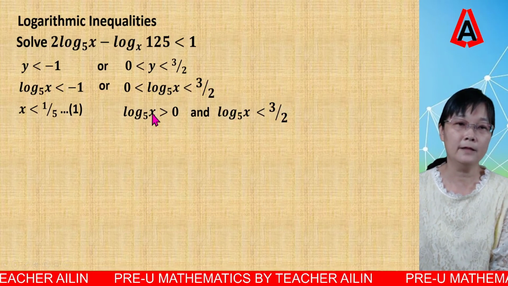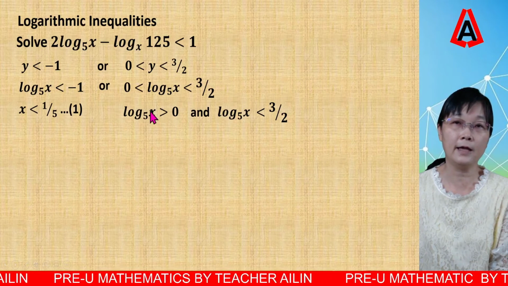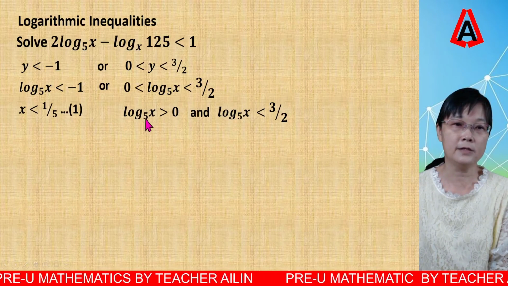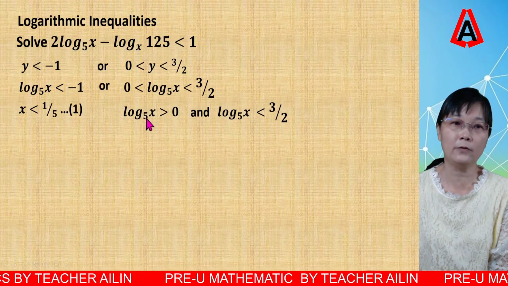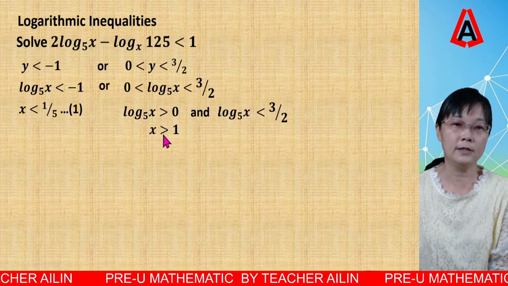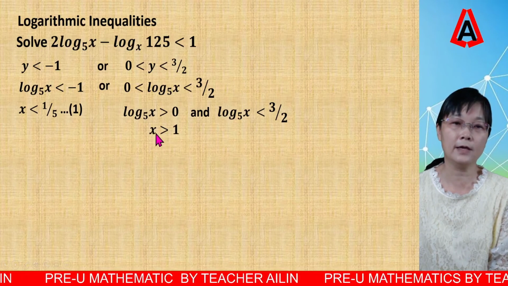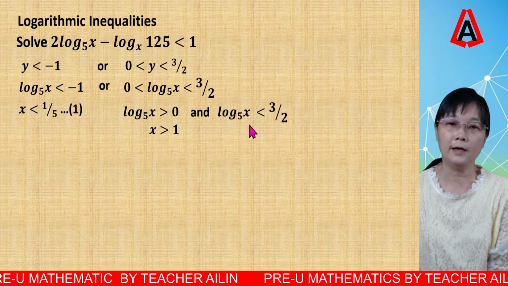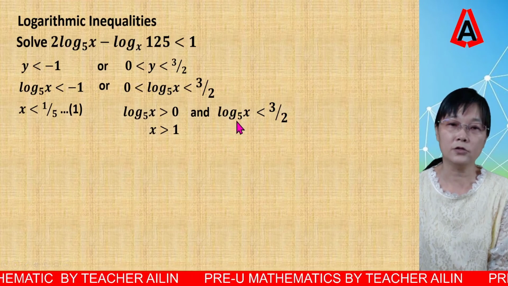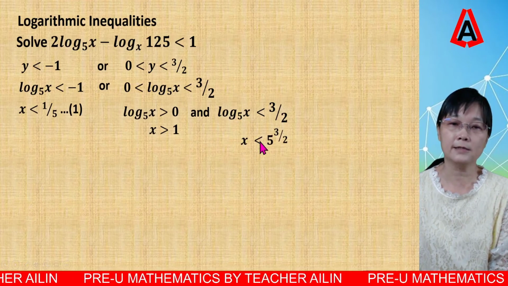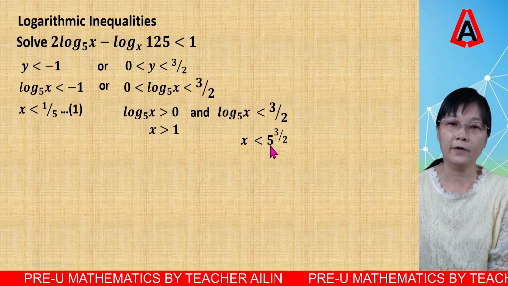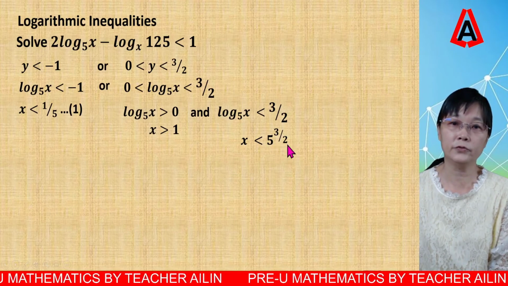For this one, to find x, I shift the base of log to the right hand side, and since the base is greater than 1, I keep the inequality greater than, so x greater than 1. And for this one, when I shift the base 5 to the right hand side, I get x less than 5 power 3 over 2.